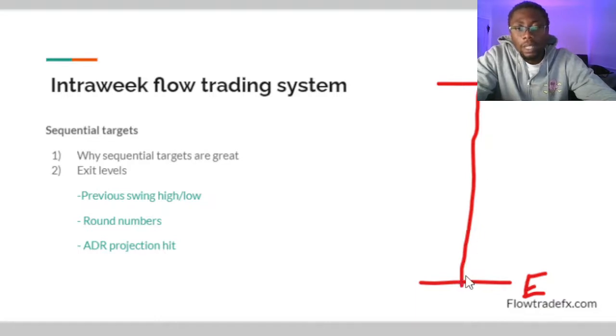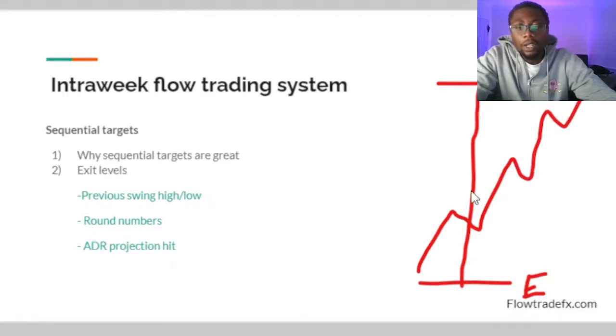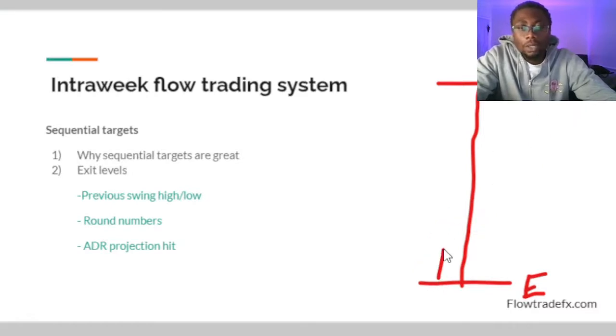Other times price continues to move higher and eventually hits your profit target. Other times price goes all the way up here, comes down, comes back up here, fails to break, and then you're somewhere around here.